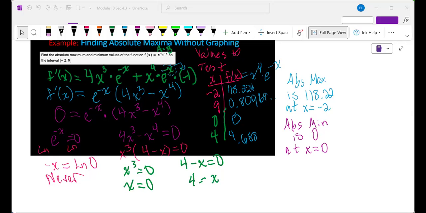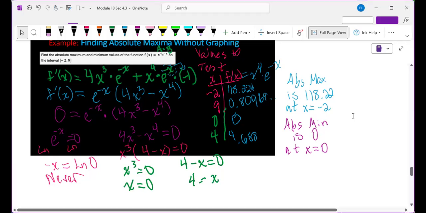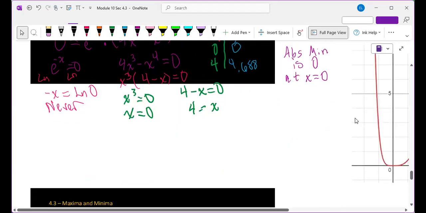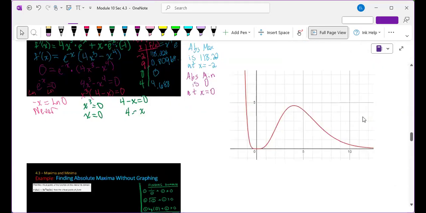So I didn't get it all the way back to -2, but you can see the 0, and then it maxes around the 4 for the relative max. And then over here, it looks like it's just going to keep getting closer and closer to 0, but never get there. But back here at 0, it does actually touch 0. So even though it's got a horizontal asymptote, this one still has an absolute min.